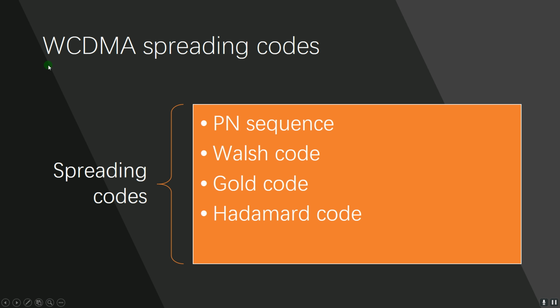Then the topic today is spreading codes. For the WCDMA system, we have many spreading codes: PN sequence, Walsh code, Gold code, Hadamard code. And in this project, I focus on PN sequence, Walsh code, and Gold code.